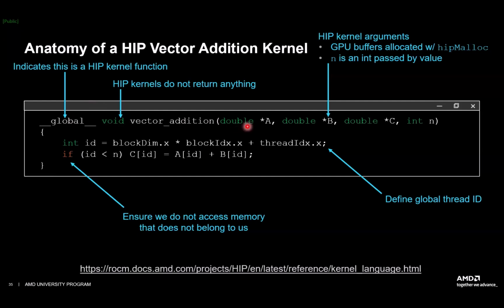These are our arguments to the kernel. So these A, B, and C are expecting GPU buffers that we've allocated with HIP malloc, as we saw in the previous couple of slides. N is just the size of the array, passed as an integer by value. And then you'll notice that inside of this kernel function, there's no for loop, right?